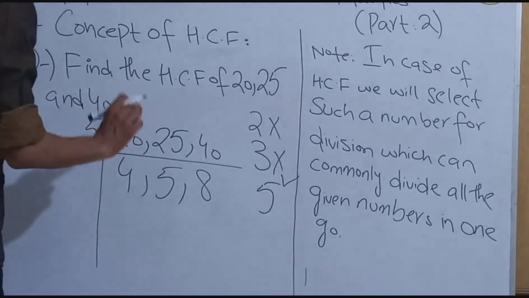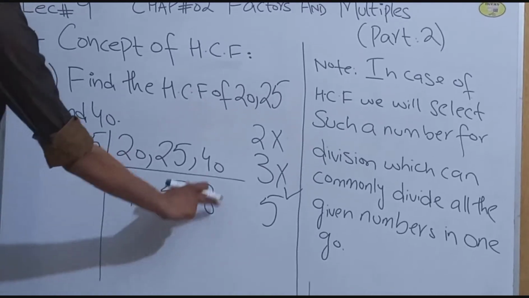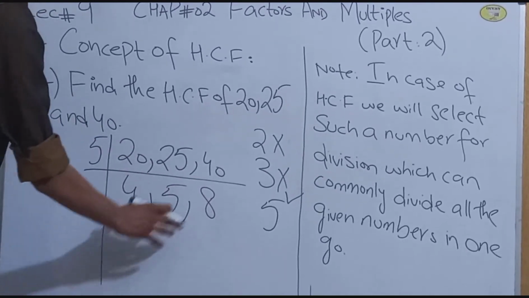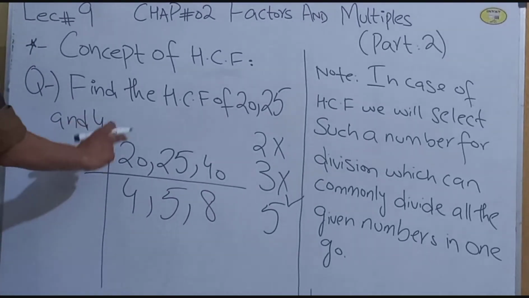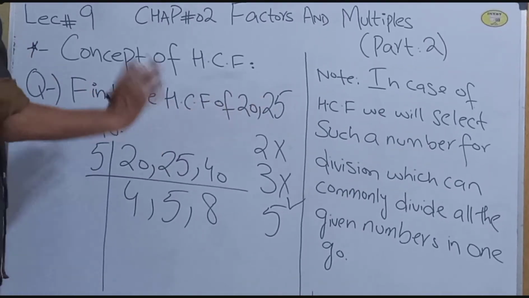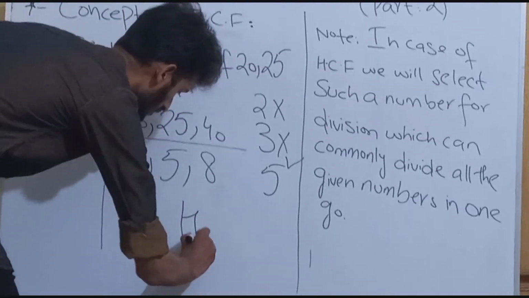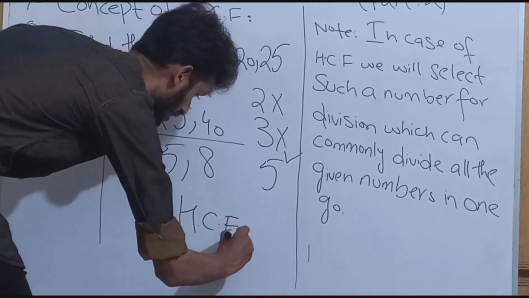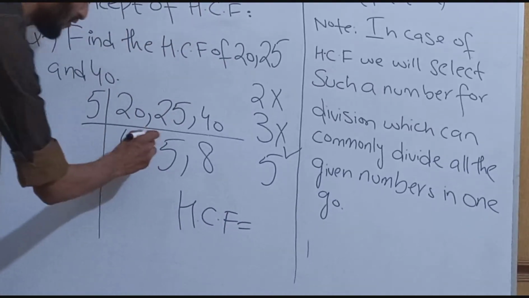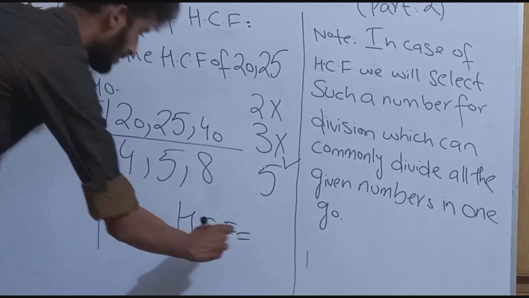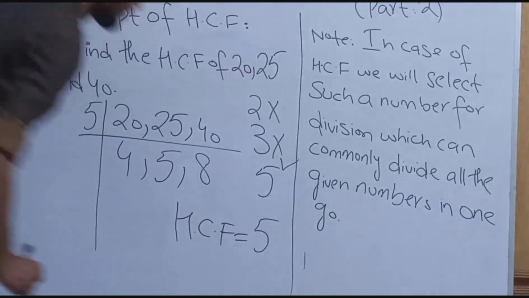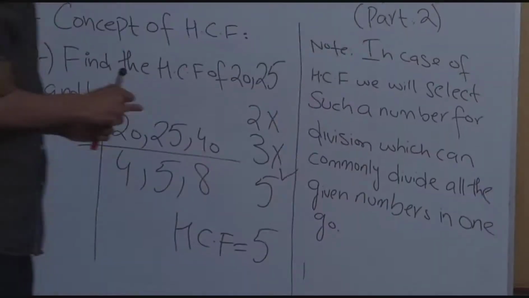So the common number should be smaller than all these three numbers. So the HCF of 20, 25 and 40 is 5, as we don't have a common number which can divide all these three numbers in one go.